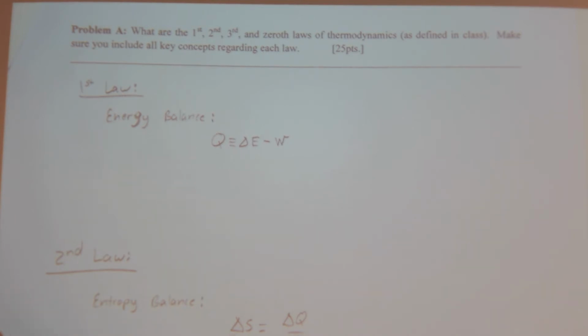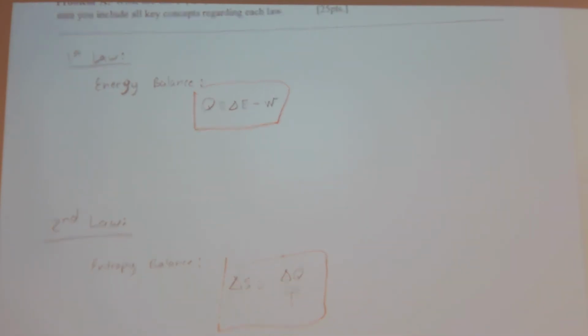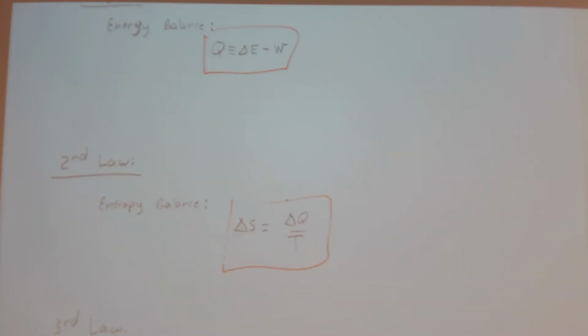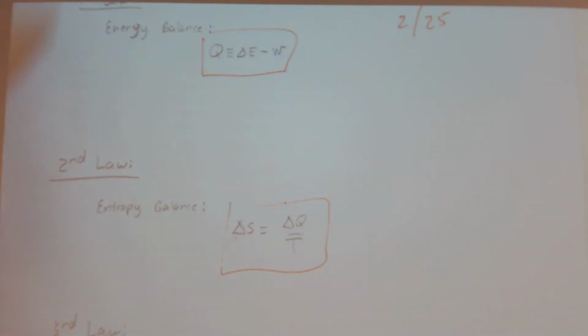Because you need to have conversations on how to approach things, so you can be a successful engineer later on. This is the tedious question form, right? Third law has nothing to do with entropy. But anyways, I don't even know what to say. 2 out of 25. That's generous.